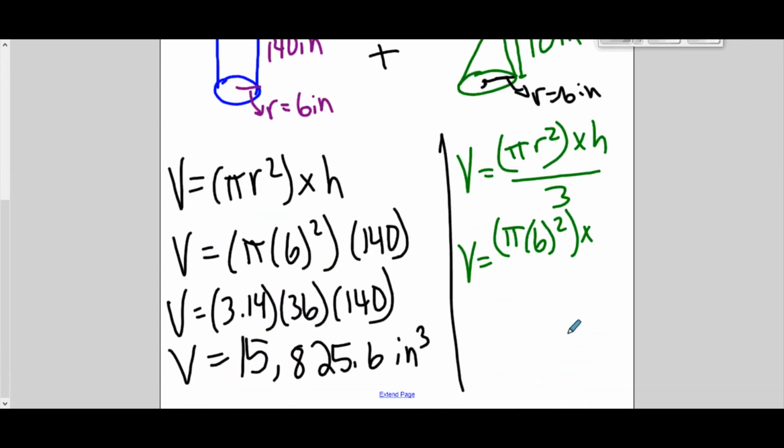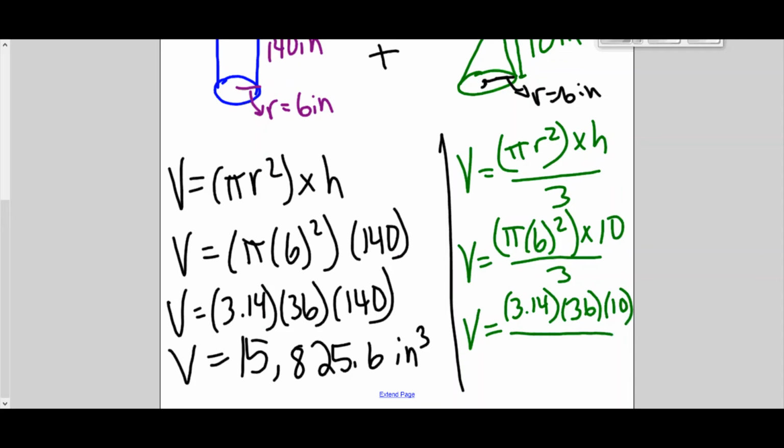So I'm going to multiply this by 10 divided by 3. So what I'm plugging into my calculator is 3.14 times 36, because that's 6 times 6, times 10. And then after I do that multiplication, I'm going to divide by 3. So the volume here will be 376.8 inches cubed.